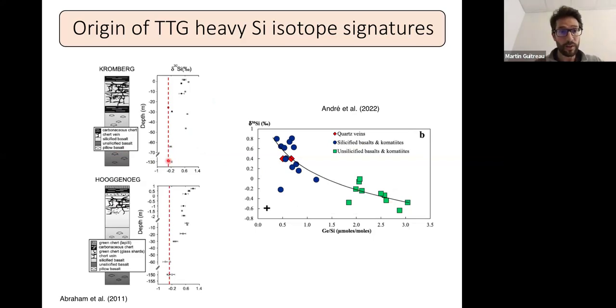And as you get to silicified domains with lots of chert, you will have an increase in the silicon isotope composition. And you can see that in many different places.